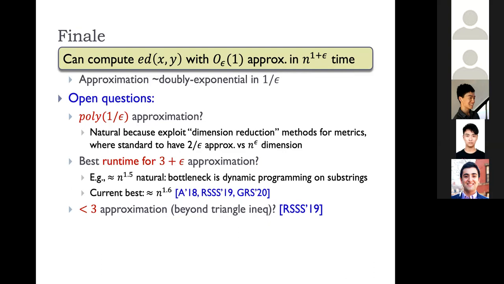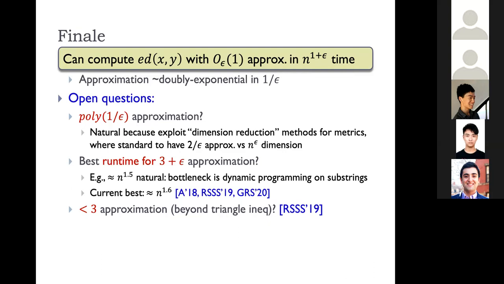The best subquadratic time that we can obtain for some constant approximation is approximation 3 plus epsilon. For some reason, n to 1.5 would be natural, but we still can't even get that. The current best is n to 1.6.